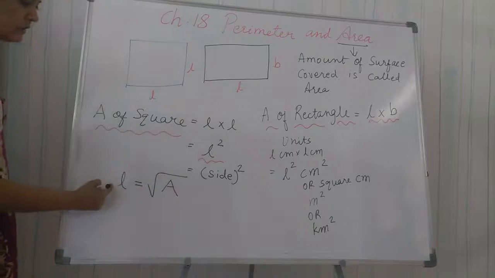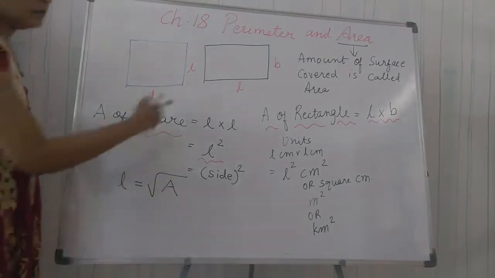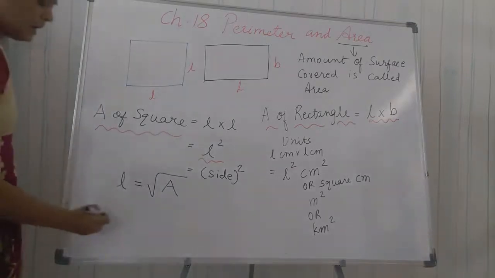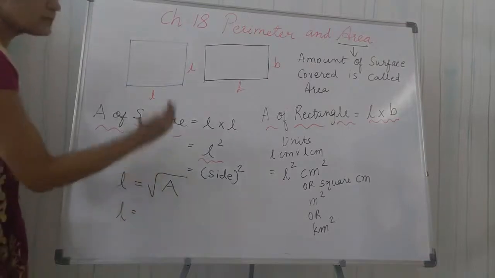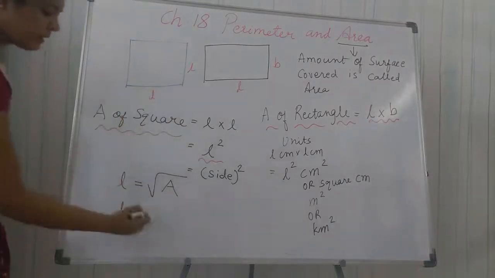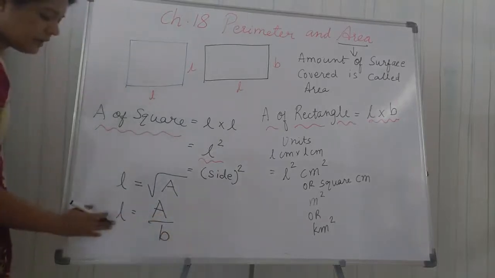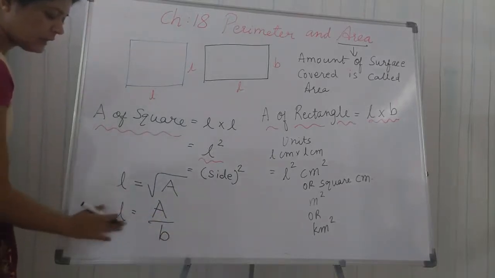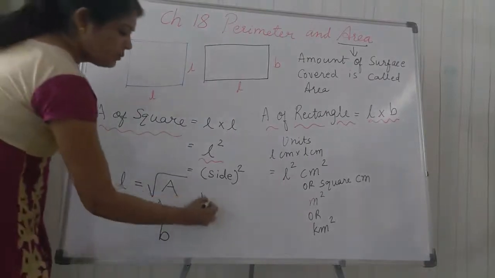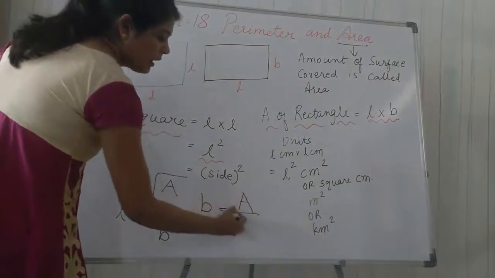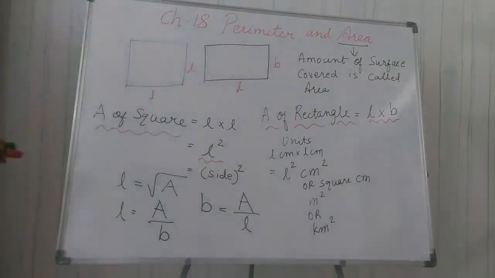Also, this is for square and in a rectangle, if you want to find that length, then the formula is area is equal to length multiply breadth. So area divided by breadth, then we get length of the rectangle. And if you want breadth of the rectangle, then area divided by length. So these are the 3 more formulas.